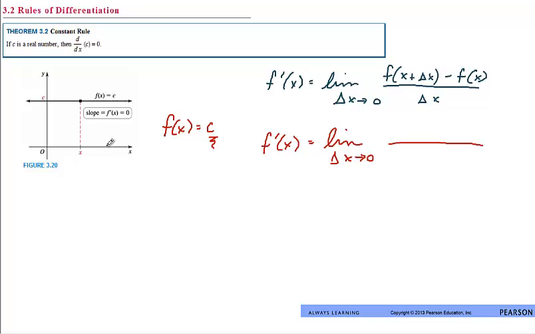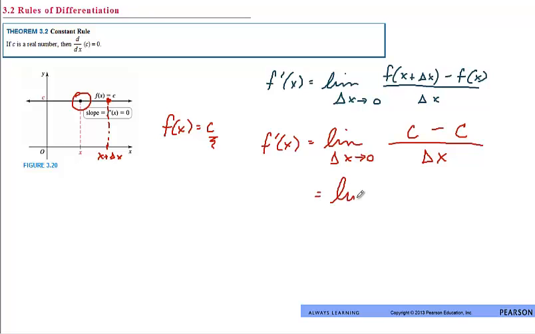So what would that function value be there? That function value is c minus, and what is the f of x value at x? That would also be c all over delta x.